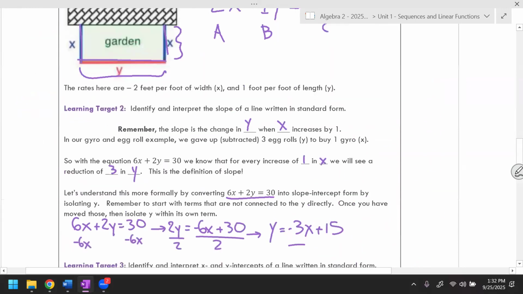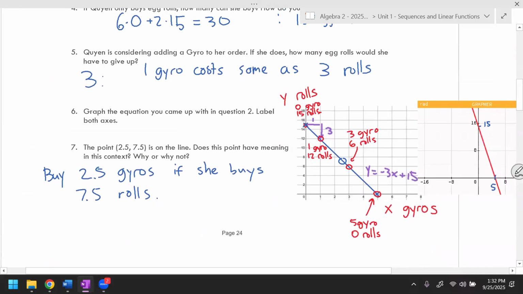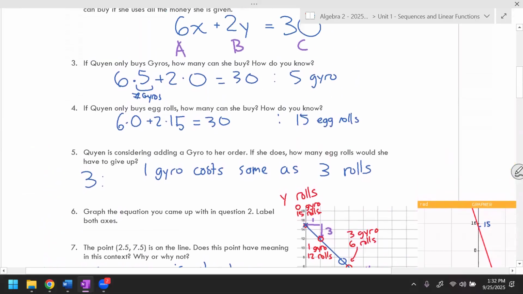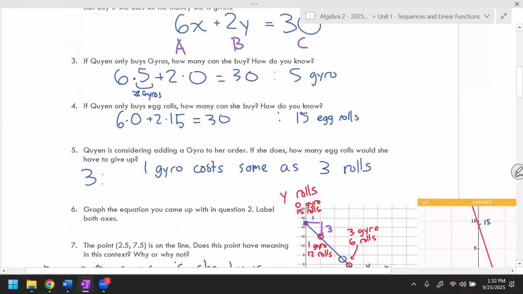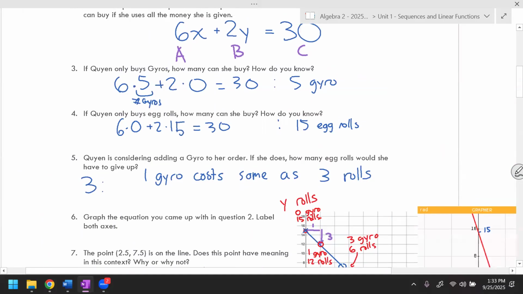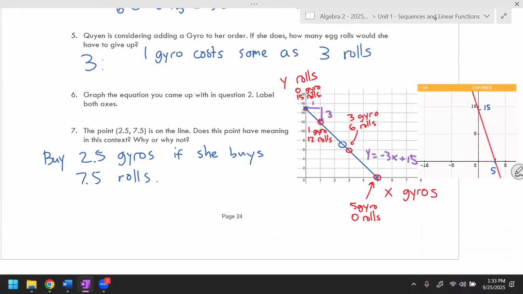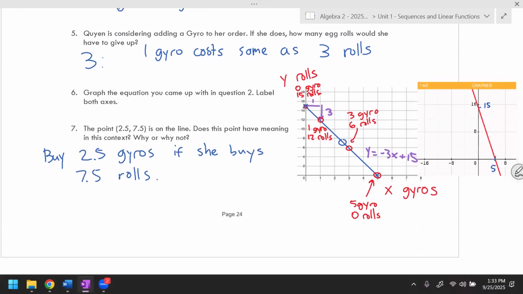On our Euros and egg rolls, this is the last thing, and we'll take a break, okay? Where is our x-intercept on our Euro egg roll? And what did that mean for our Euros and egg rolls? I think you can know it. What did it mean that we were down here for our x-intercepts?